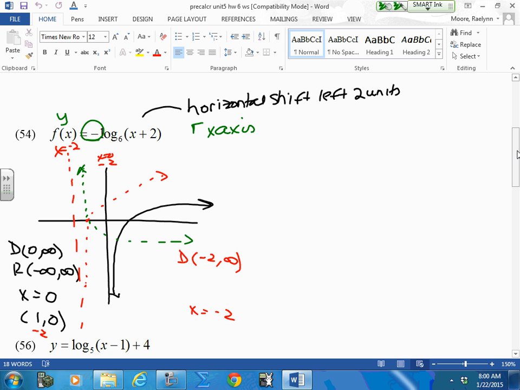No. Did it change my range? Nope. Did it change my asymptote? No. So I still know my range, I still know my domain. And I can find my y-intercept, but let's find your x-intercept. Your x-intercept says y has to be 0. So we plug in a 0.